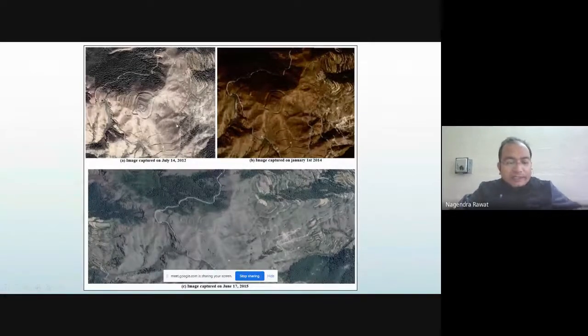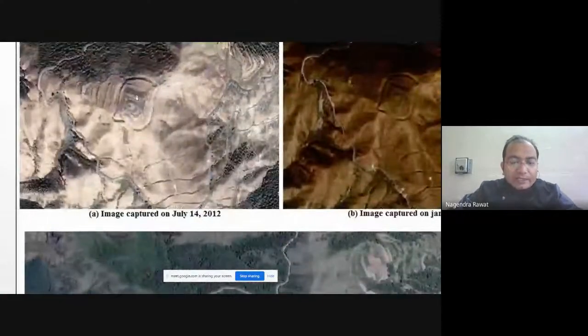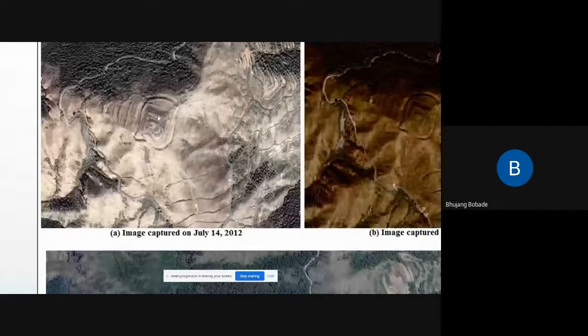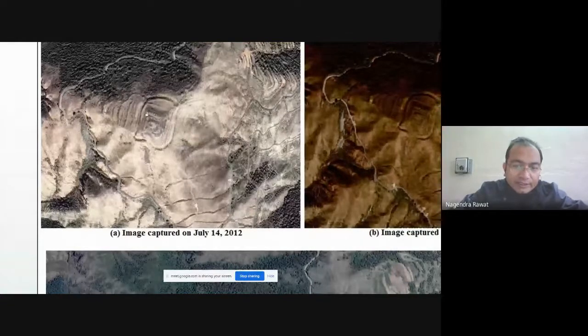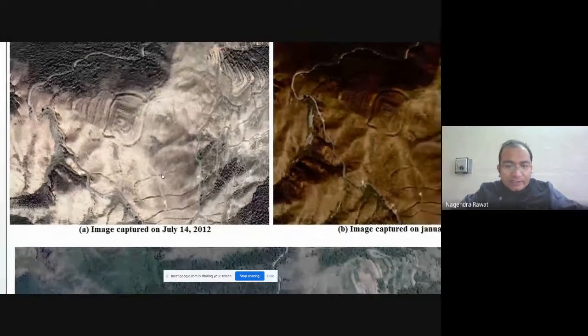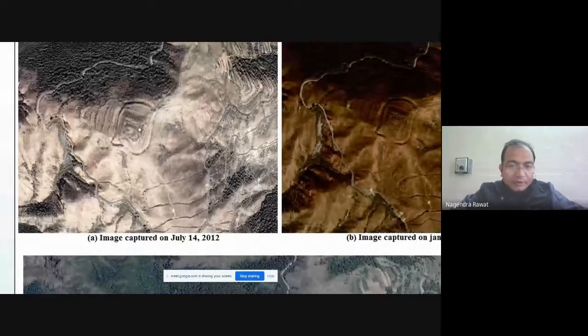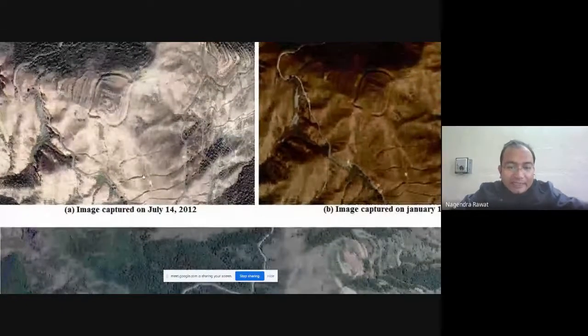So in this image, I hope you can see my cursor over the screen. Yes, okay, sir. So you can see that some unnatural features are visible here, and these lines are again not natural features. This is the ridge, and the residents of this particular settlement dug these lines, which are basically ditches.